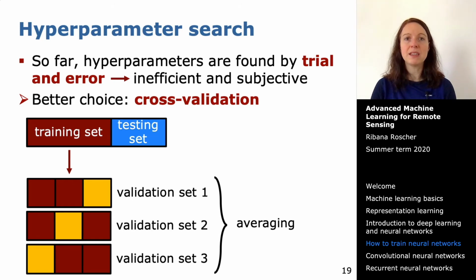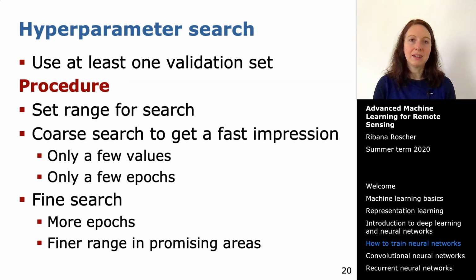This is more robust than if you only decide on one validation set, but of course it can be very inefficient if you do it with a lot of these sets.